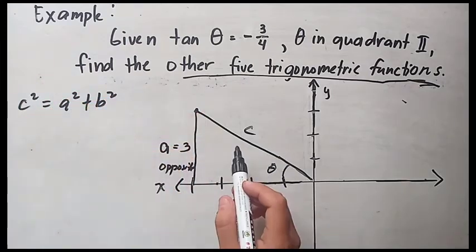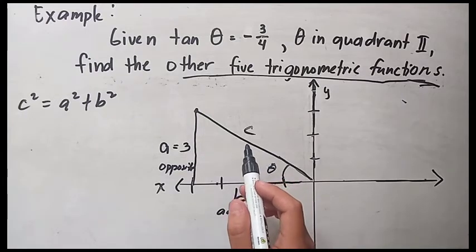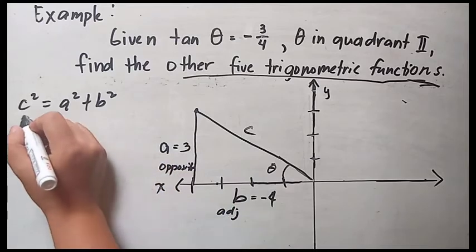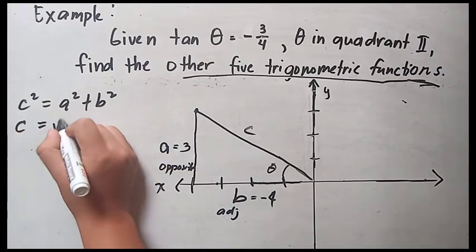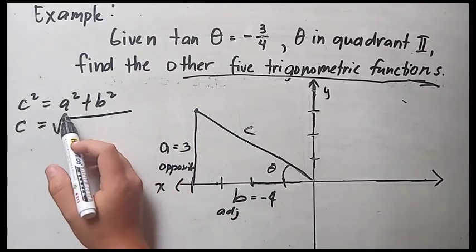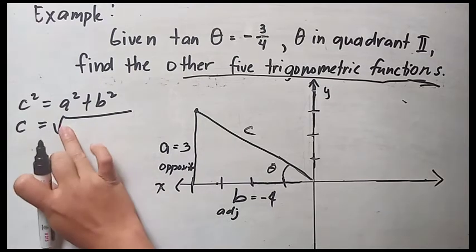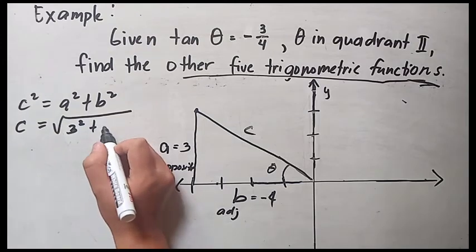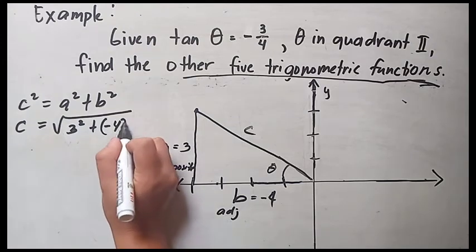So in order to find our hypotenuse, that is C, we will take the square root of A squared plus B squared. So our A is 3 squared plus negative 4 squared.